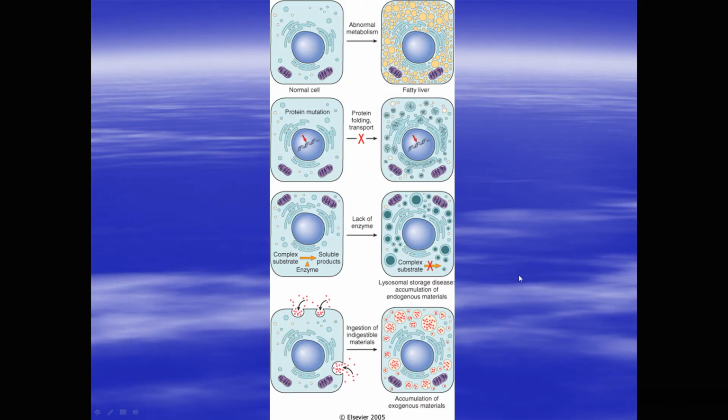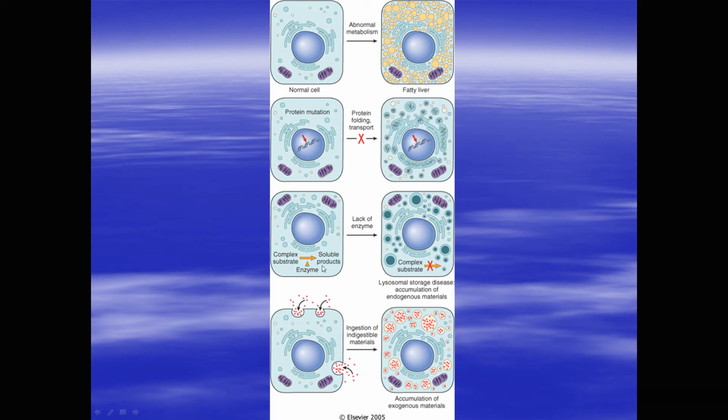This slide illustrates the effect of some factors causing intracellular depositions. This is the already shown example of hepatosteatosis, the fatty liver, due to excessive production of triglycerides and deposition in the absence of opportunity to be exported from the hepatocyte. Another type of disorder is a protein mutation due to a defective gene causing the production of defective protein, defective folding or defective transportation, thus causing its accumulation in the cell.